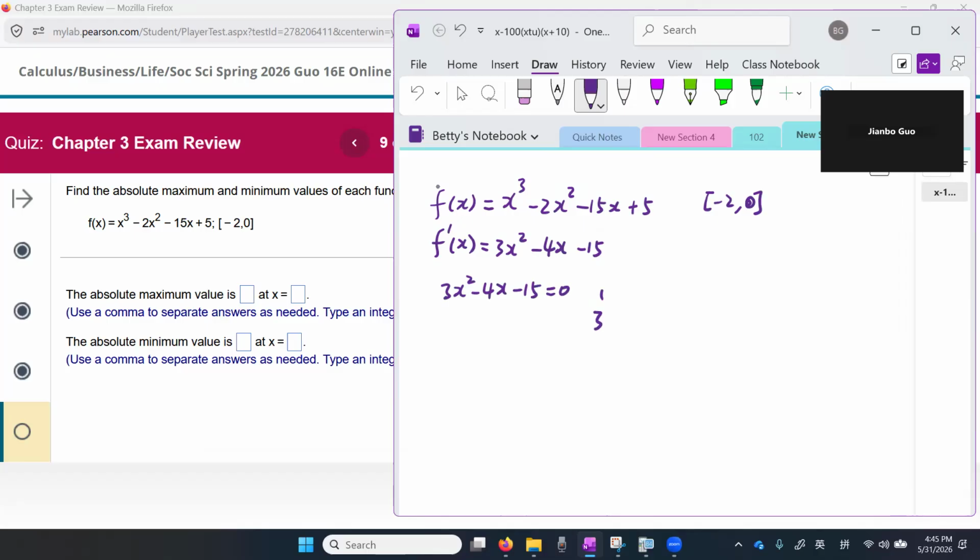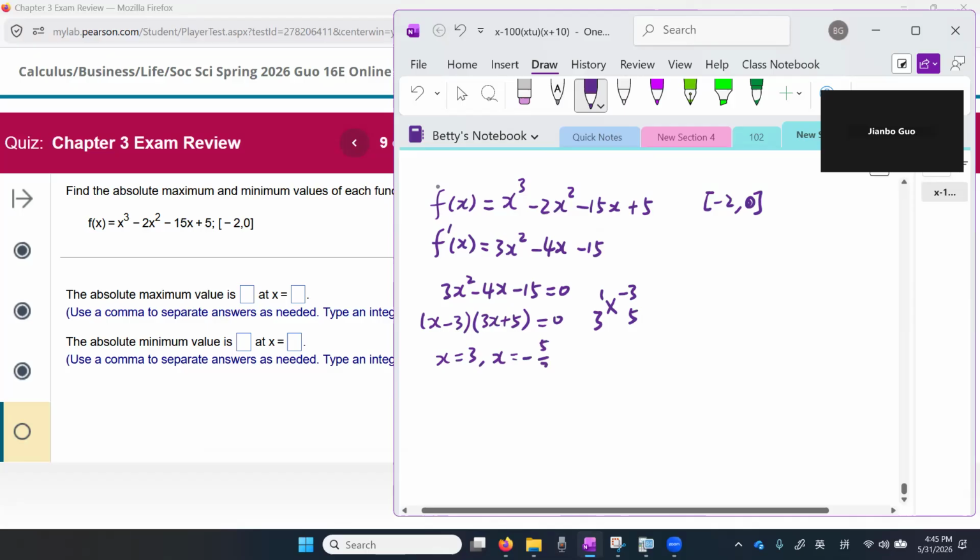Let's see if we can factor the trinomial on the left side. You can use whatever method works for you. I factored it as x minus 3 times 3x plus 5. We have x equals 3 or x equals negative 5 over 3. Let me double check we are actually recording. Yeah, it's here, recording.